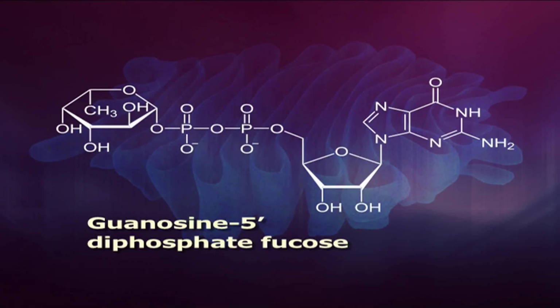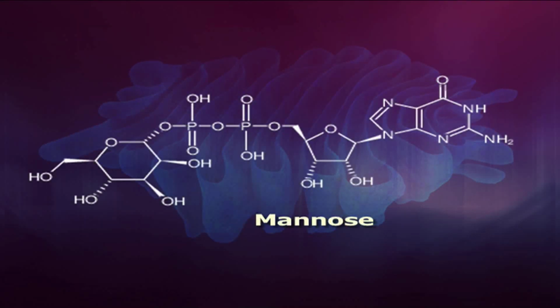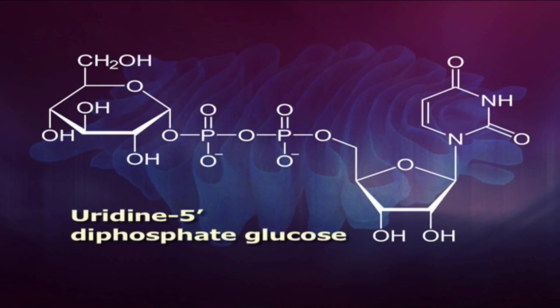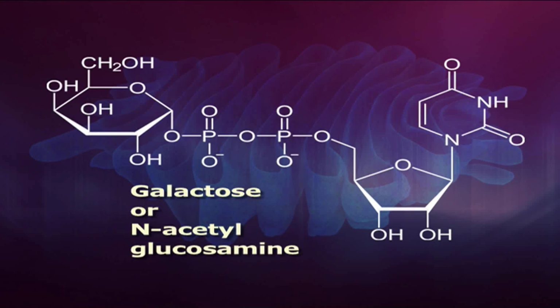The substrates for glycosyl and sulfate transferases are not the sugar moieties or the sulfate. The true donor molecules are sugar nucleotides rich in energy such as guanosine 5' diphosphate fucose or mannose, uridine 5' diphosphate glucose, galactose or N-acetyl glucosamine.